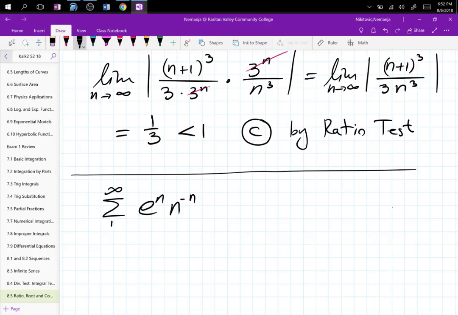So, yeah. What do we actually have? Well, it's good to use algebra to write this as e to the n over n to the n.